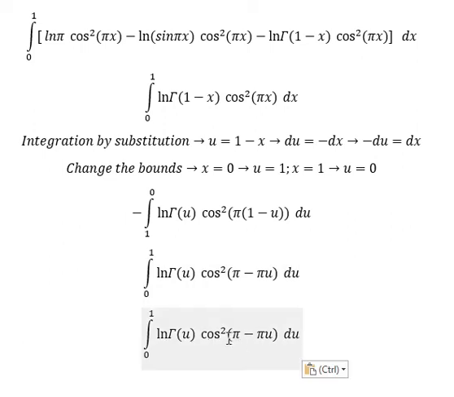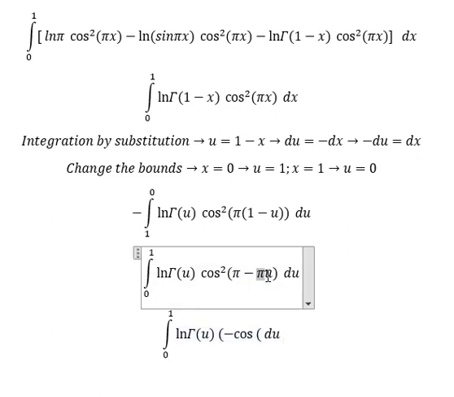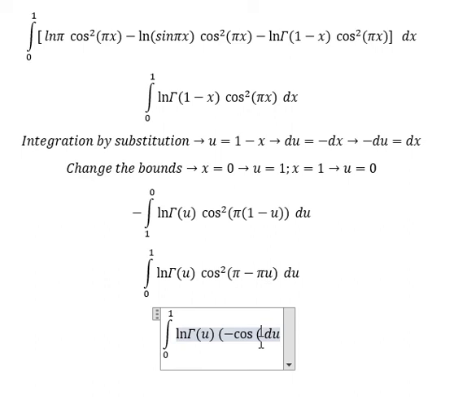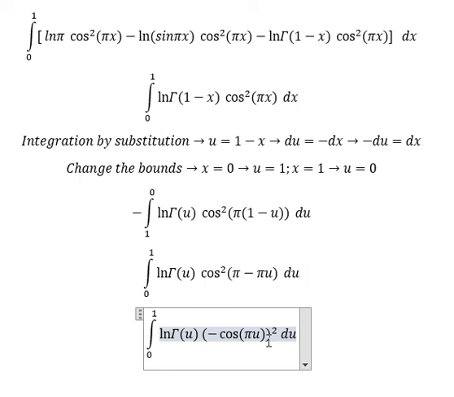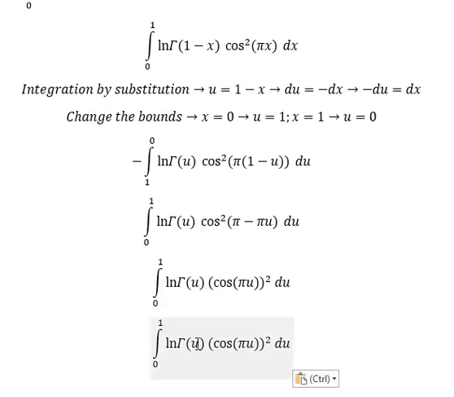About this one, we can change into negative cosine of bu to the power of 2. Because the power is number 2, which is an even power, we can cancel the negative in here. Later that we change u go back to s.